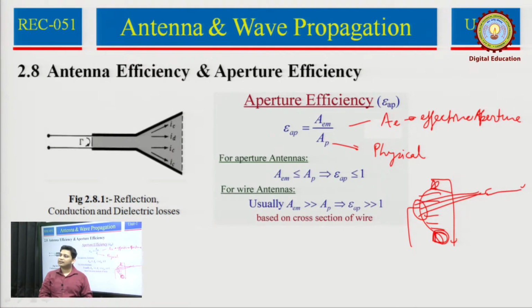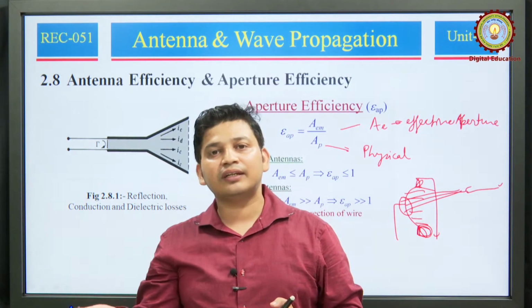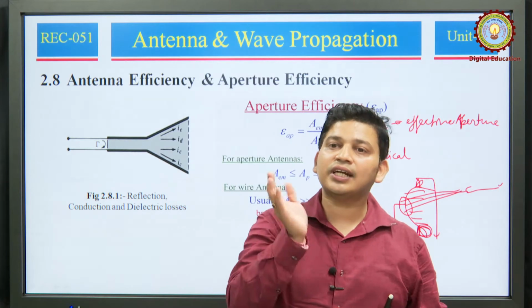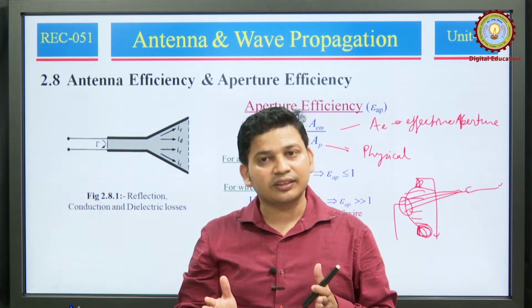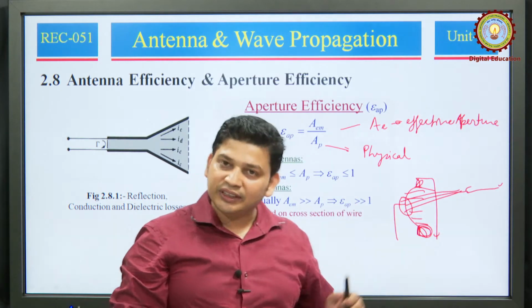So, this way we can understand physical as what is manufactured. The change is in the effective only, how much portion of the manufactured structure we are going to utilize. This is the difference between physical aperture and effective aperture. Physical aperture is always fixed, which is manufactured, and AE may change.